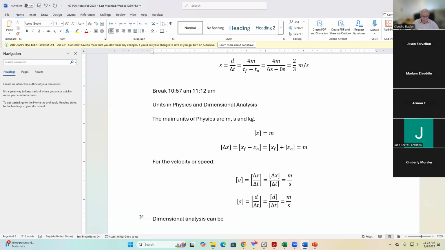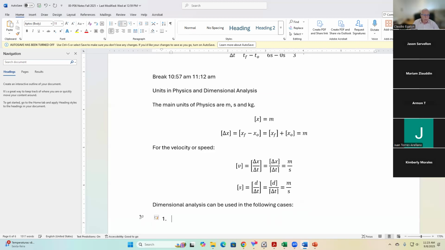It can be used in the following cases: 1, to determine the unit of a given quantity, and 2, to help you determine, not to determine, but to help you determine whether the solution of your problem is correct or not.